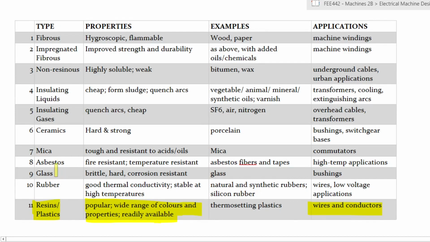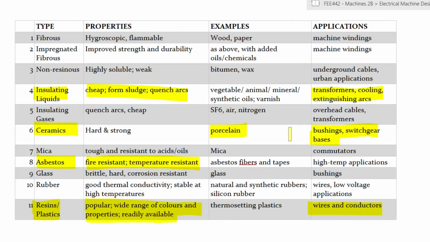Some of the other commonly used materials include asbestos because of its temperature resistance, as well as ceramics such as porcelain, which are used in bushings and switch gear as bases. Insulating liquids, which are cheap, but they can quench arcs. These are highly common in transformers and in cooling applications where you need a cooling medium that would be circulated through in order to act as a heat exchanger.